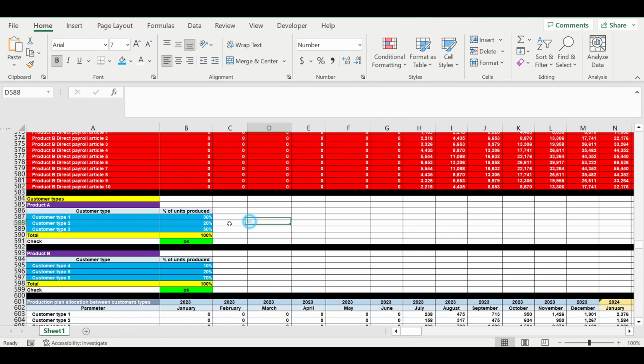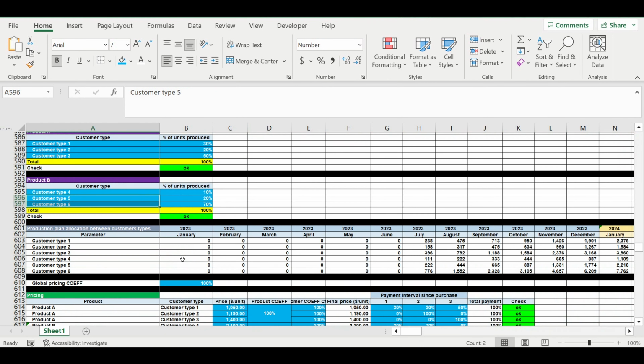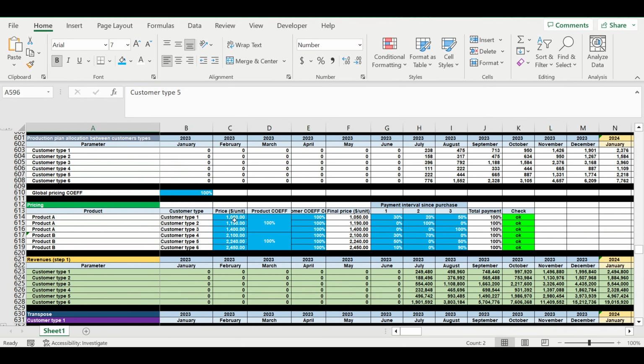Then we assume that we have different types of customers, and each customer has its own price. So we are selling our product A and product B with different prices for different types of customers, and here we describe how they pay us.